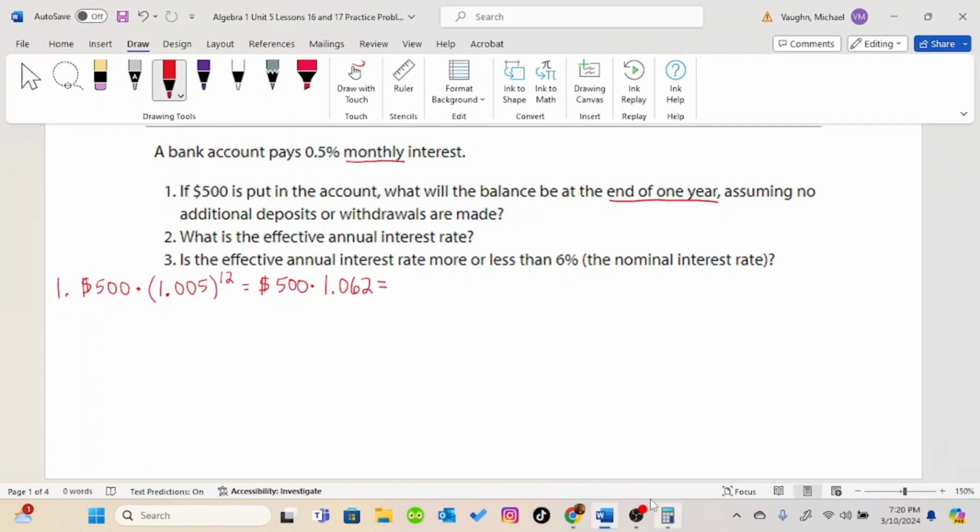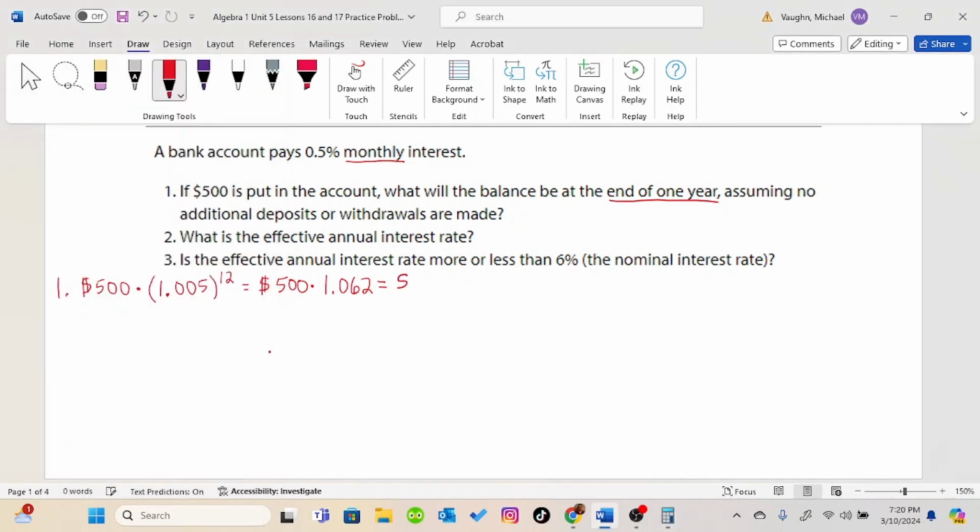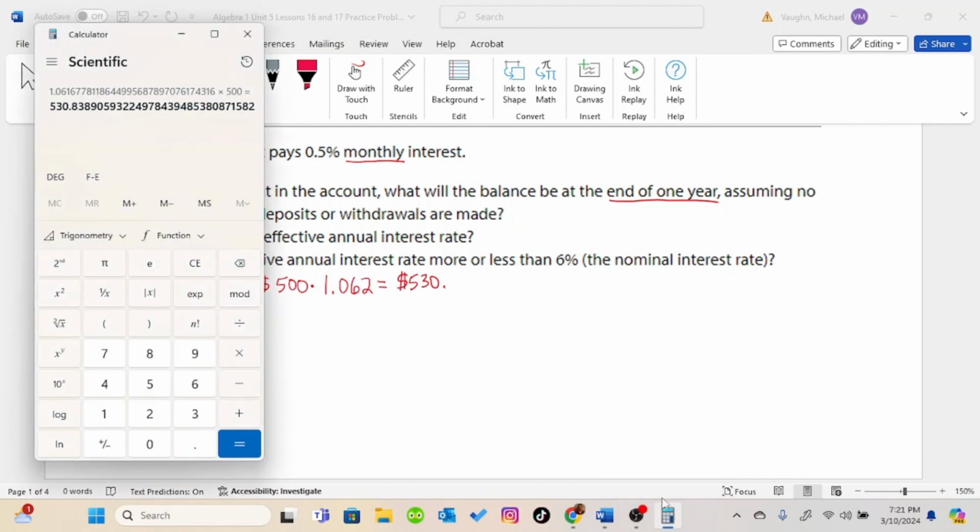And now we multiply that by the original 500. And that gives us $530. And because it's money, we're going to round it to 84 cents.